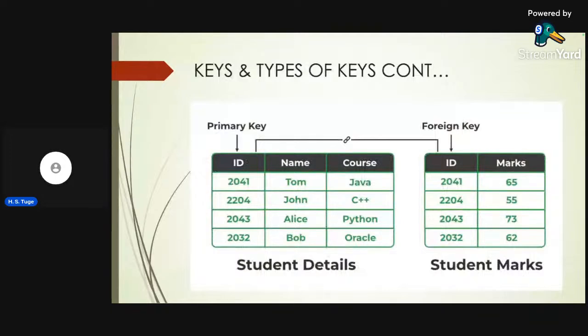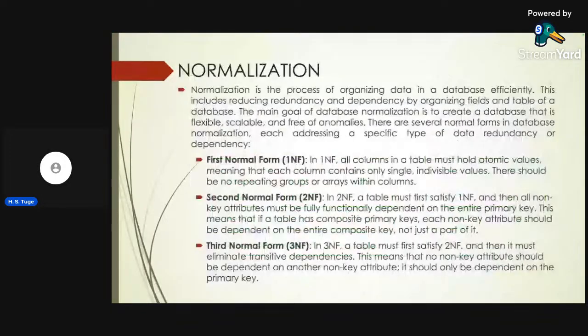Now, normalization has forms, and those forms are up to I think 4 or 5. But the core ones that we use are 3: the first normal form, second normal form, and third normal form.